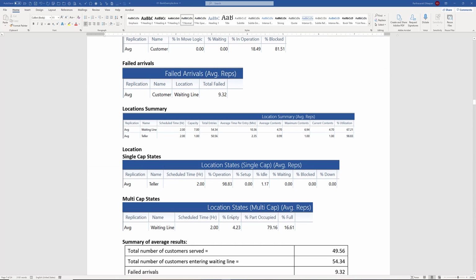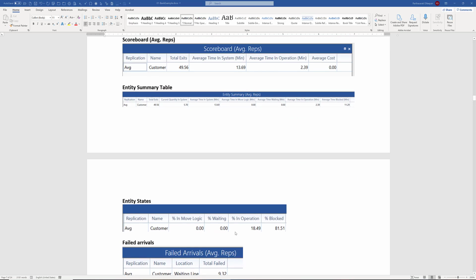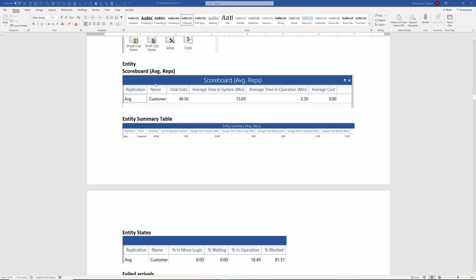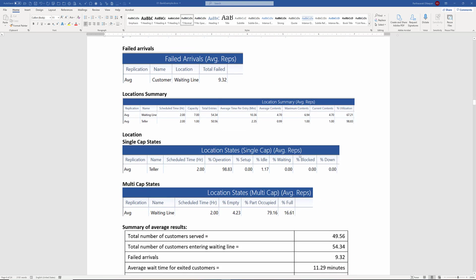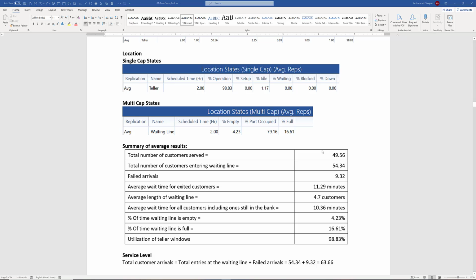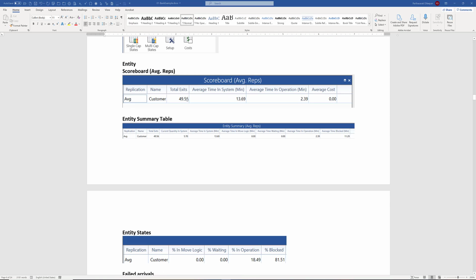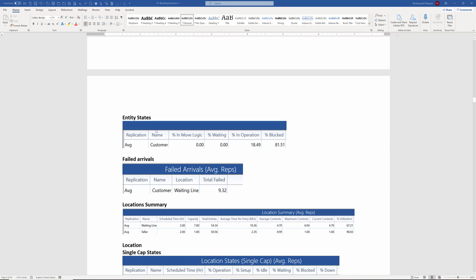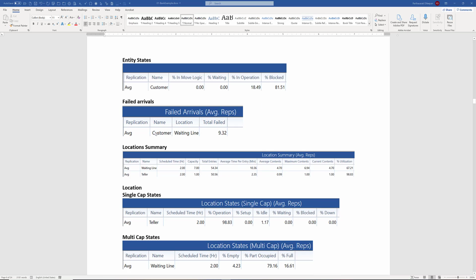So we have total number of customers served coming from the scoreboard average reps output, so 49.56. All right. So how many customers actually entered the system? 49.56 is the total number of customers exited who've been served. To look at how many people actually entered the bank, we need to look at the waiting line.